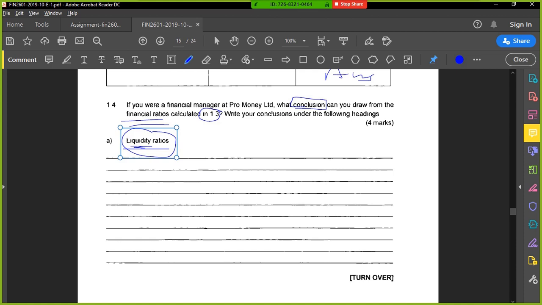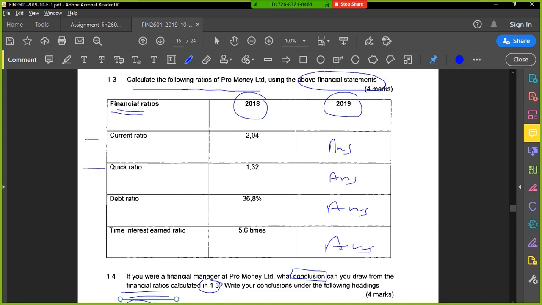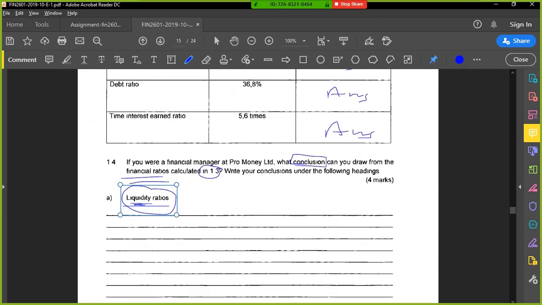Which is your current ratio, quick ratio. That would talk to the short-term liquidity of a company. And then you would have to comment on, I think they're referring to 1.4 here, not 1.3. Yeah, so no, 1.3 is actually right, being discussed in 1.4.